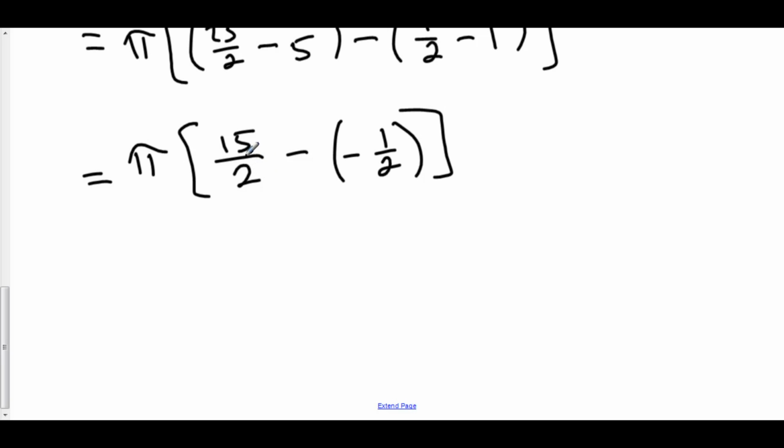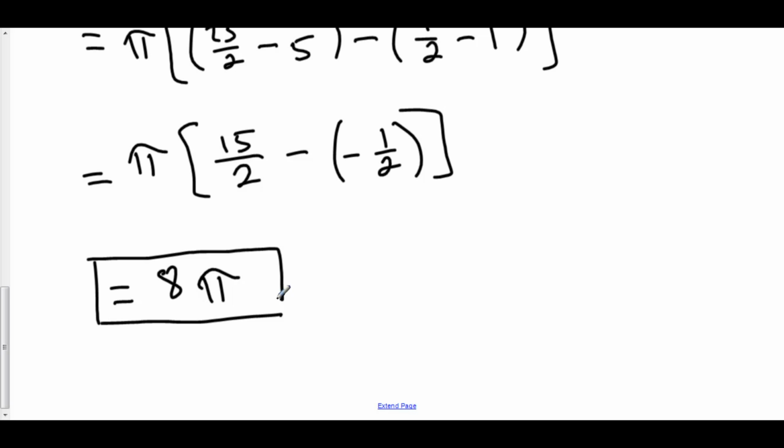Now 15 over 2 plus 1/2 is 16 over 2, which is just 8 times pi. And the volume of this paraboloid is 8 pi.